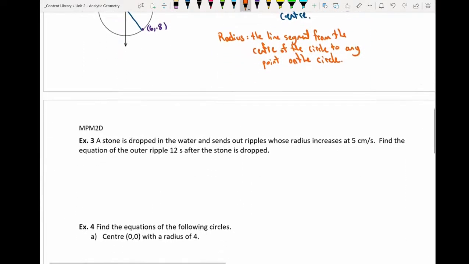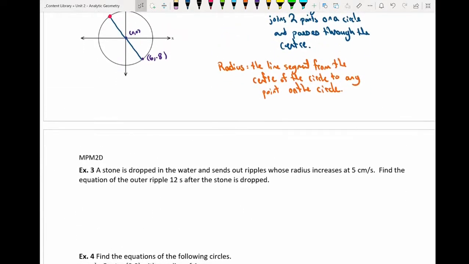Moving on, example 3. A stone is dropped in the water and sends out ripples whose radius increases at 5 centimeters per second. Find the equation of the outer ripple 12 seconds after the stone is dropped.